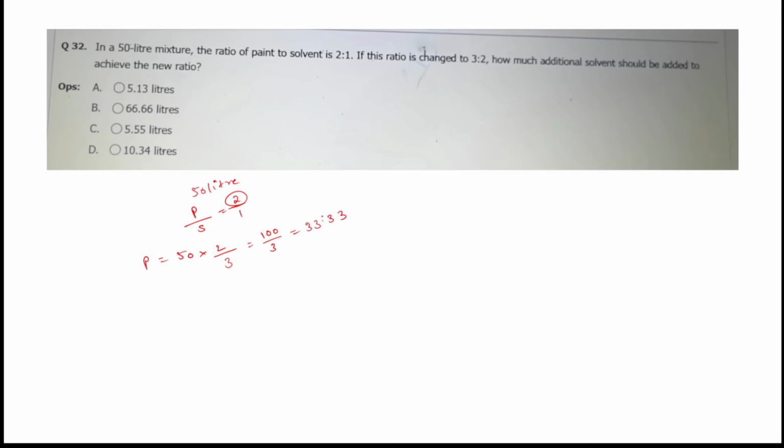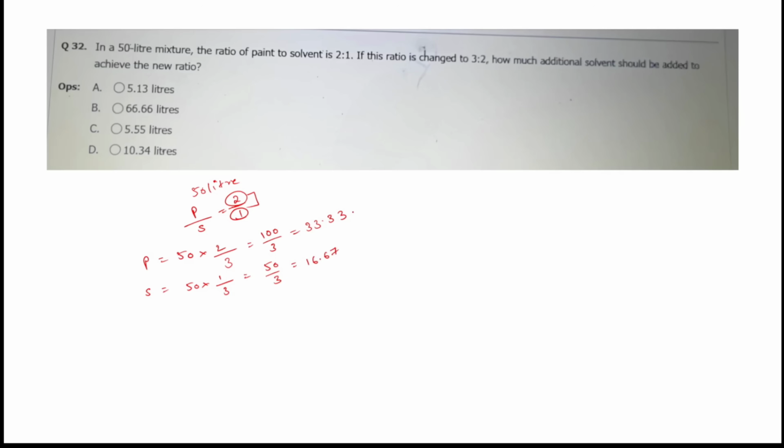Then we need to calculate the liters for solvent also. So solvent equals 50 into the solvent ratio, which is 1, by the total of 3 parts. So 50 into 1 is 50. So 50 by 3, which is equal to 16.67.